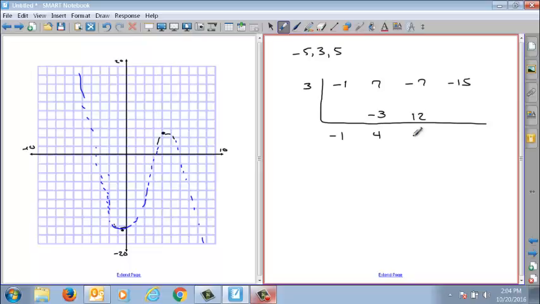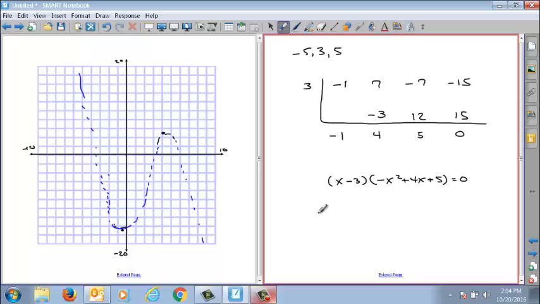Add those together, you get 5. 3 times 5 is 15. You get 0. So what we're left with is the factor x minus 3 times the resulting negative x squared plus 4x plus 5 equals 0.